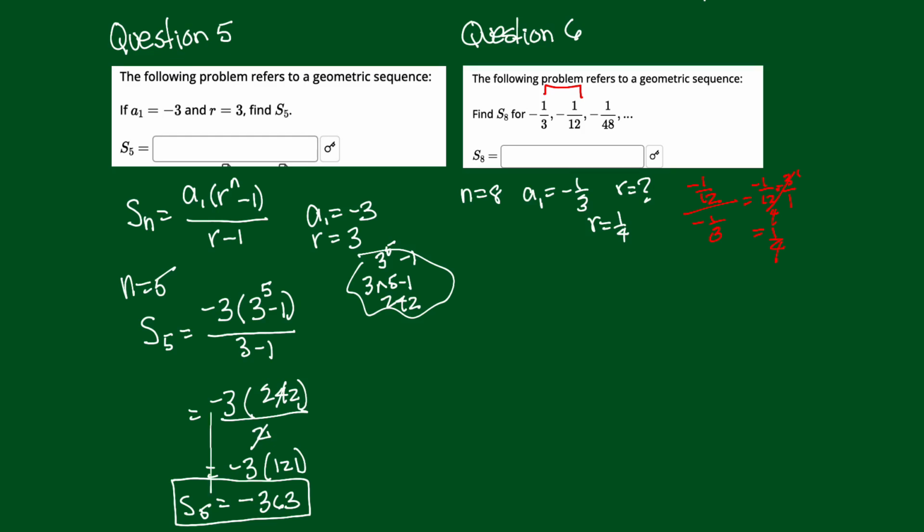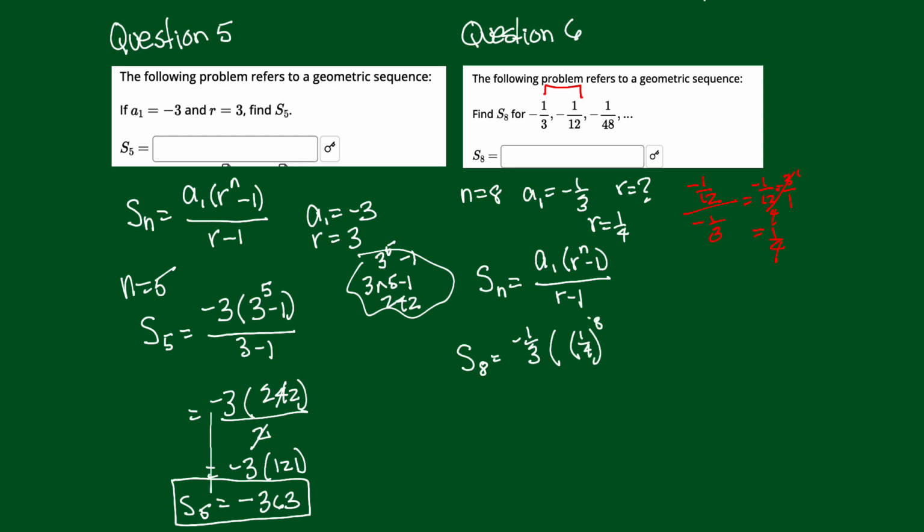Now, the formula for the sum of a geometric sequence goes like this. S sub n is equal to this fraction, a1 quantity r to the n minus 1 all over r minus 1. So this will give us that S sub 8 is a1, which is negative 1/3, times r, which is 1/4 to the n.